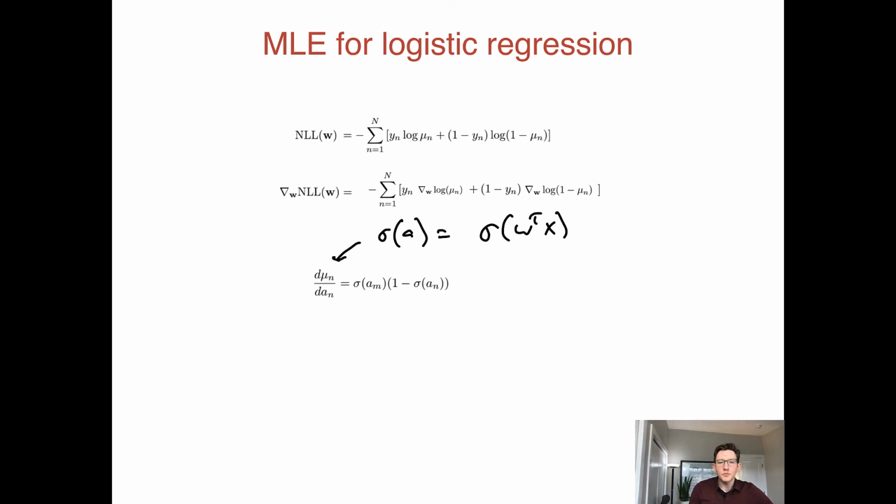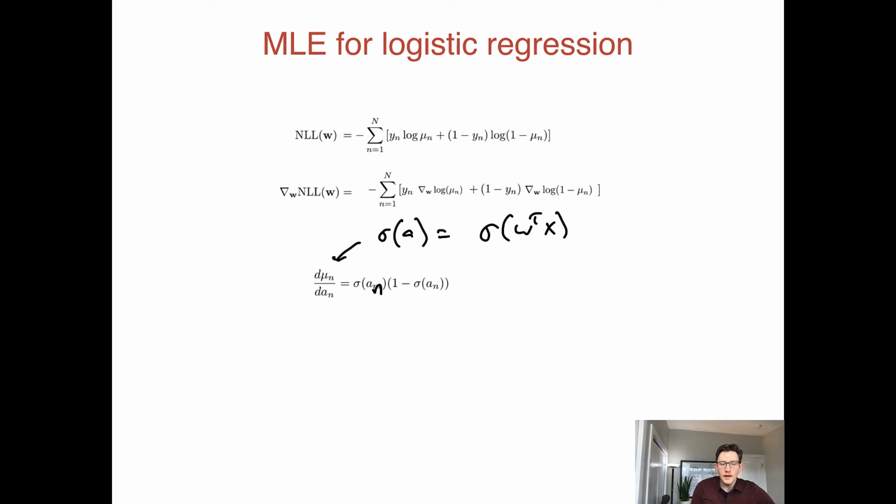I'll leave this to you to prove. It's not too hard to show that the derivative of the logistic function has this nice form: sigma of a times 1 minus sigma of a. This, by the way, is an error in the textbook, it should be an n.